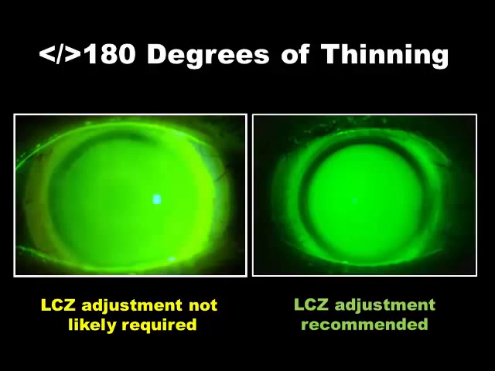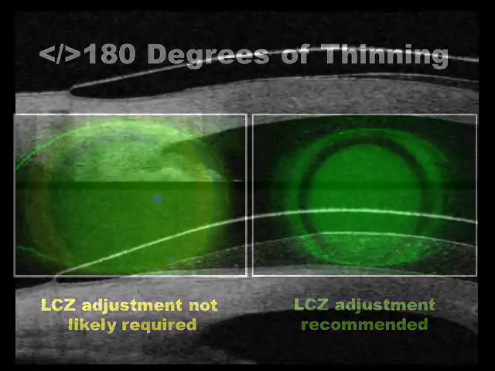If after settling you're seeing this ring of thinning that's greater than 180 degrees, then you know right away we need to call the lab and order a limbal clearance zone +5 to increase the vault through this area and clear the peripheral cornea and limbus. So less than 180 degrees of thinning, not to worry. Greater than 180 degrees of thinning, order a limbal clearance zone +5.